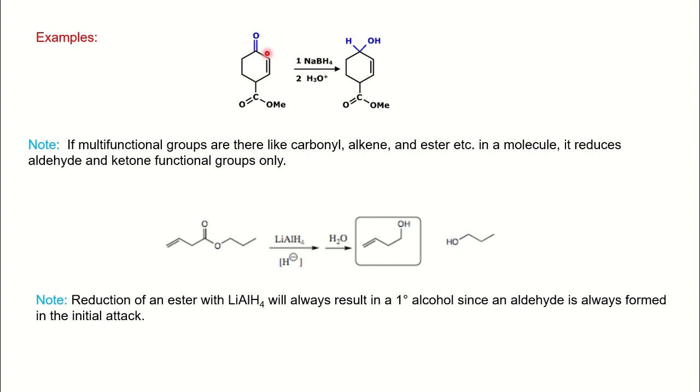But if you want selective reduction, you cannot go for lithium aluminum hydride for this reaction. We have to take sodium borohydride. So chemoselectivity decreases in the presence of lithium aluminum hydride, while you can do this in the presence of sodium borohydride. I hope you understood the reactivity of lithium aluminum hydride and sodium borohydride.